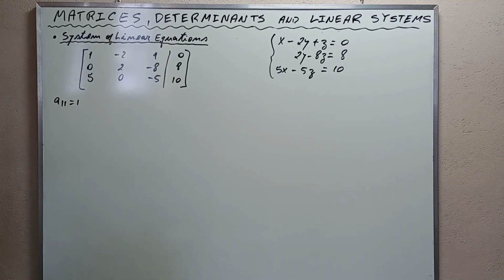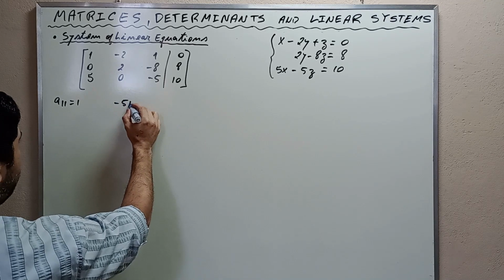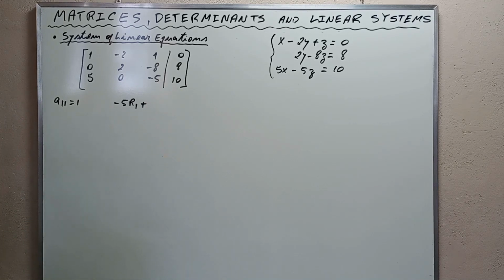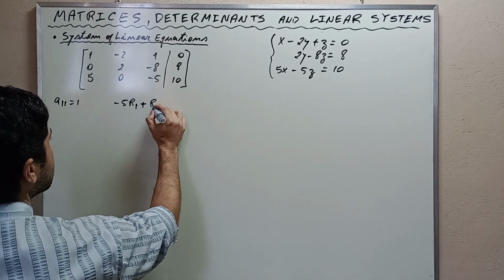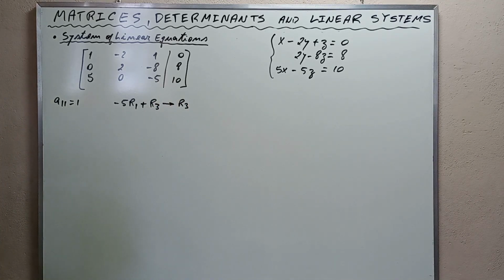Okay? And for this end, we multiply row 1 by negative 5 and sum with row 3 and put in the place of row 3. Okay?